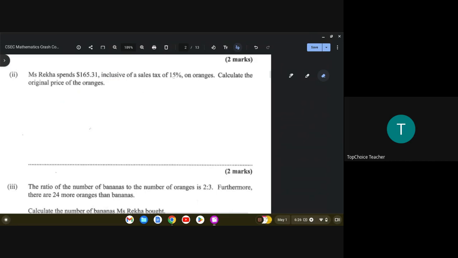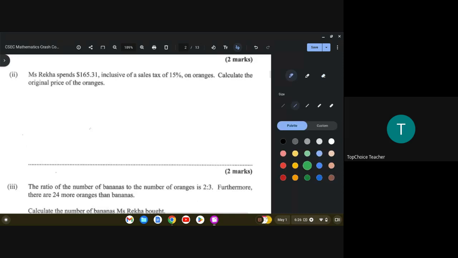The best way to show you this is by getting the answer and working our way backwards, and you will see it. The problem with this question is that this number already includes the tax. By taxing this number, you are going to end up with a larger value because this number already includes a tax in it.